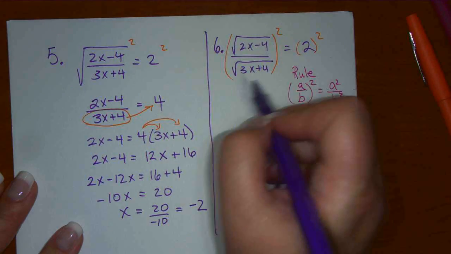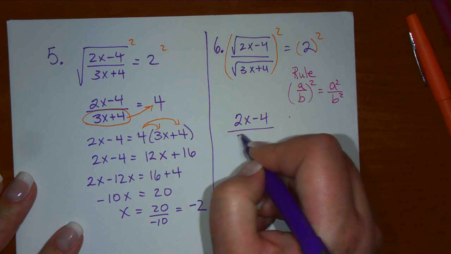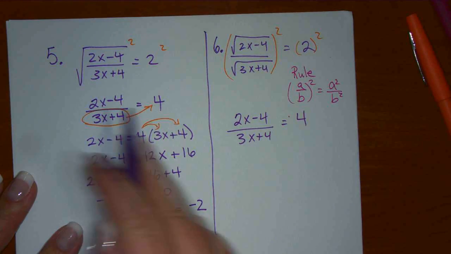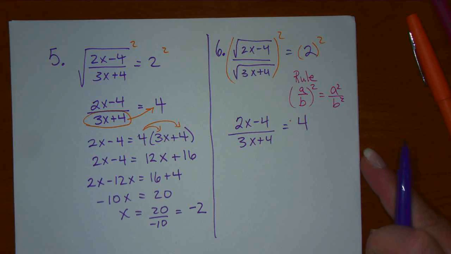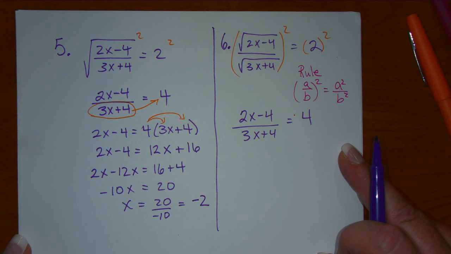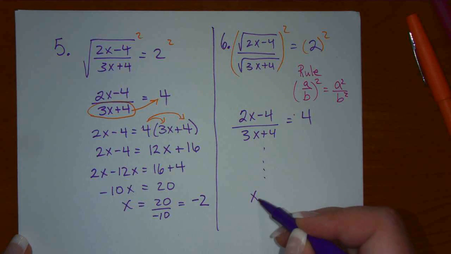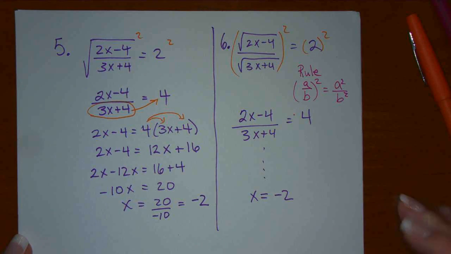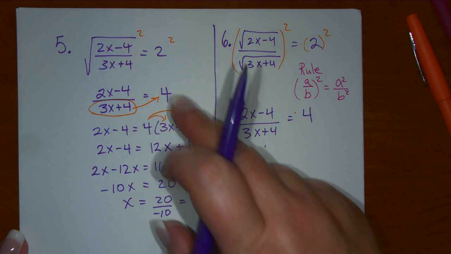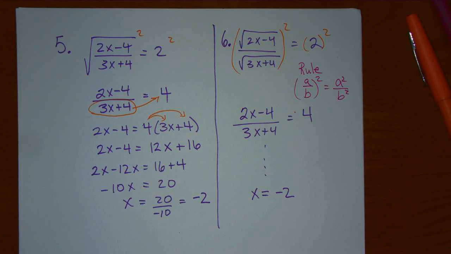So this works out to be, squaring the top is 2x minus 4, squaring the bottom is 3x plus 4. 2 squared is 4. That's the same question now. It doesn't look any different than what we had on the other side once we square it. So when we solve this, what's our answer going to be? -2. So the difference is the -2 will work in one of them and will not work in the other one. Okay, so I'll show you how that's possible.